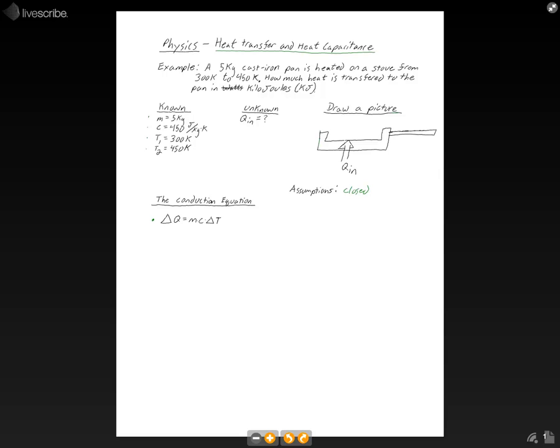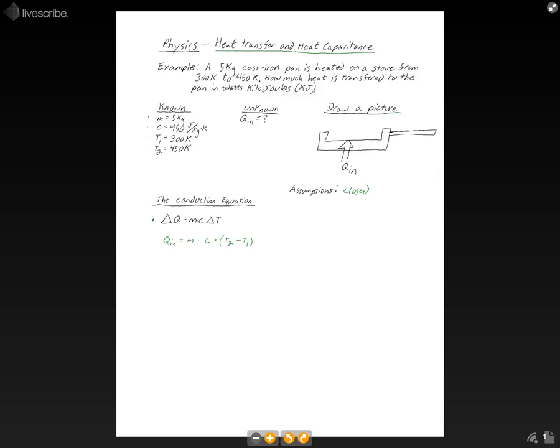We can go ahead and rewrite this to say the change in Q is going to be basically the amount that we're putting in, so Qin is equal to mass times heat capacitance times our change in temperature, which is going to be T2 minus T1. So that is basically you've got T2, which is your higher, minus your lower. And that'll tell us the amount of energy that has been put into the system.